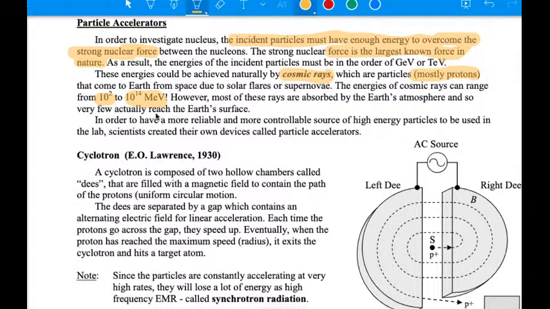So we need to artificially create incident particles with enough energy. We need a reliable, controllable source of high energy particles, and that's where our particle accelerators come in.